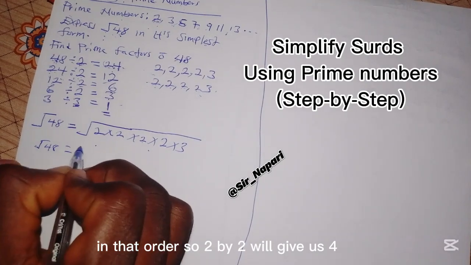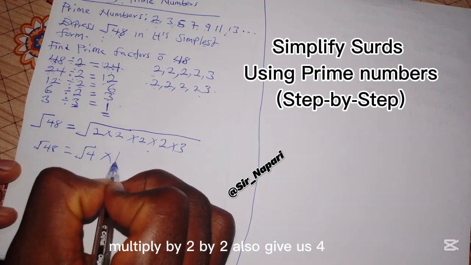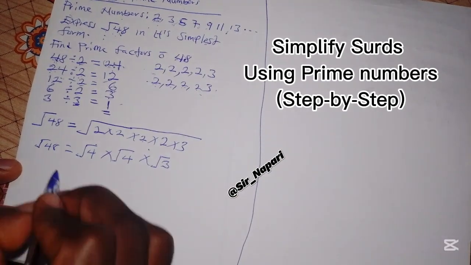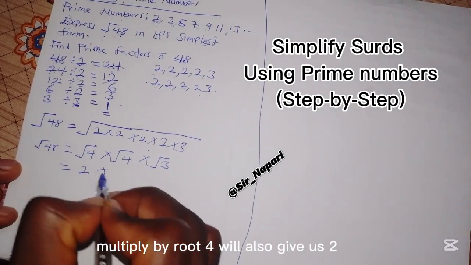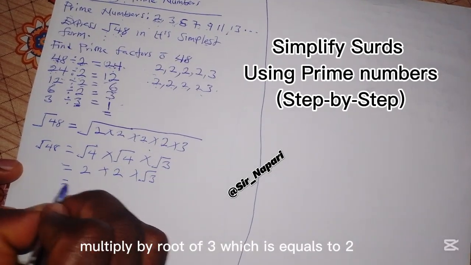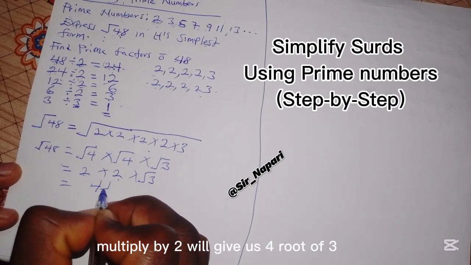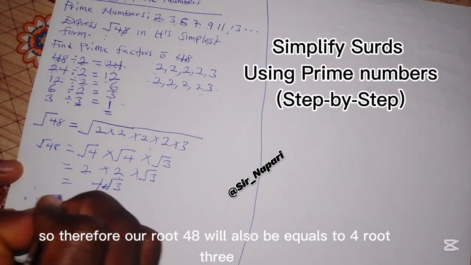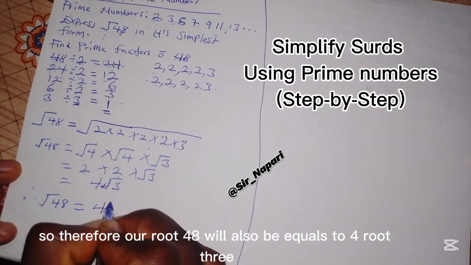So 2 by 2 will give us 4, so we have square root of 4 multiplied by 2 by 2, which also gives us 4, square root of 4 multiplied by root of 3. Now root 4 will give us 2. Root 4 multiplied by root 4 also gives us 2 multiplied by 2 multiplied by root of 3, which gives 4 root of 3. So therefore root 48 is equal to 4 root 3.